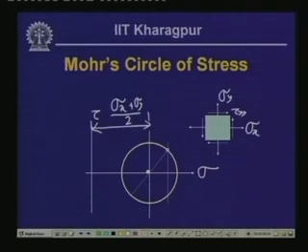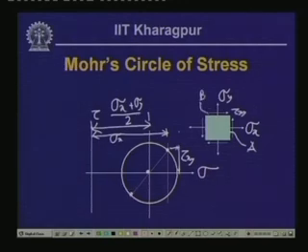This particular point on the Mohr circle denotes this plane in the physical space, which is A, and thereby this particular point represents the normal stress sigma x and the shearing stress tau x y, and this particular point represents this particular plane, plane B, where the normal stress is sigma y, and this is tau x y.